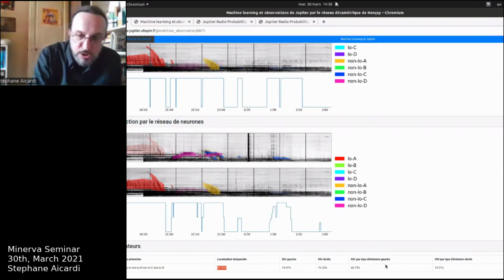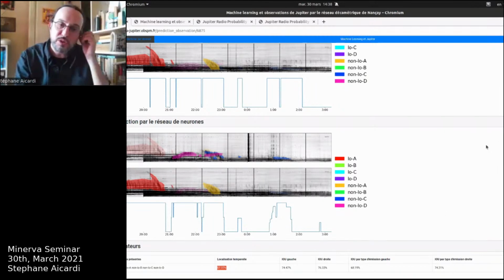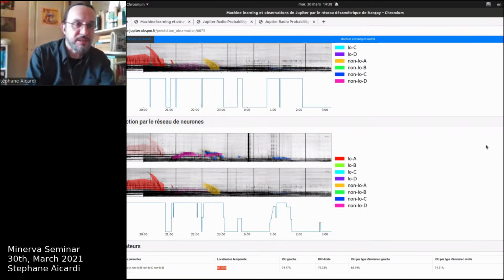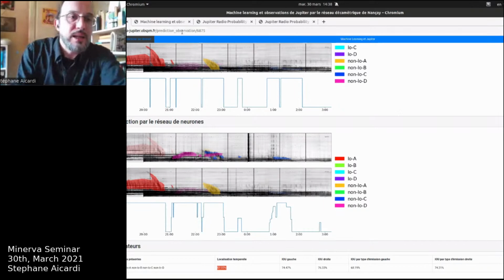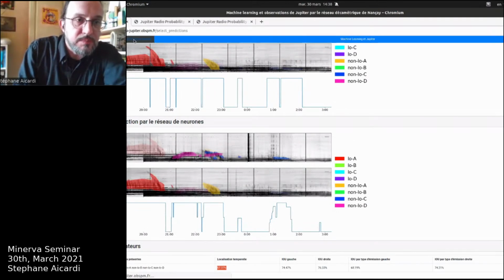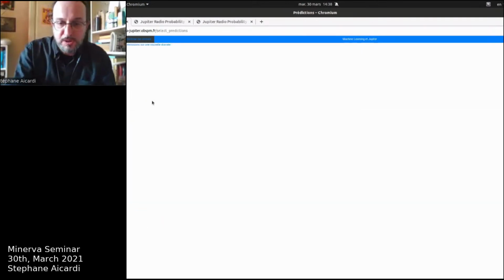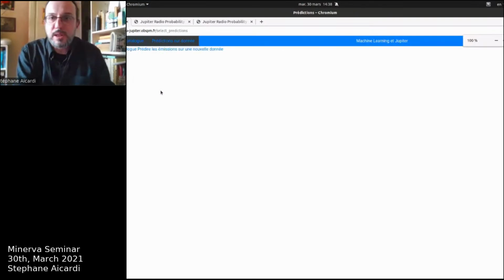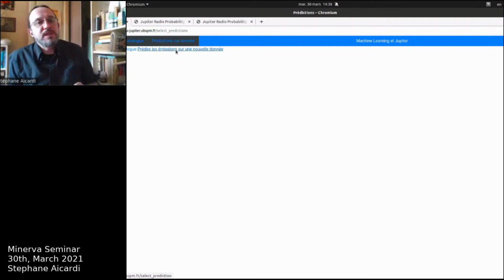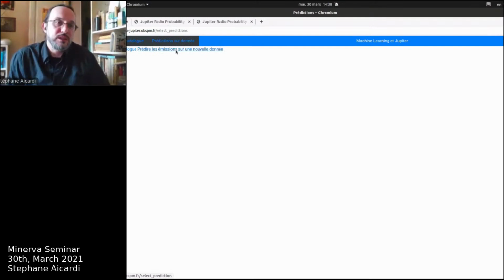So it's much lower than what I said before, but to the eye, it's already satisfying. I can also use, let me grow it a little. I can also use this network to predict what can be seen on the latest data.